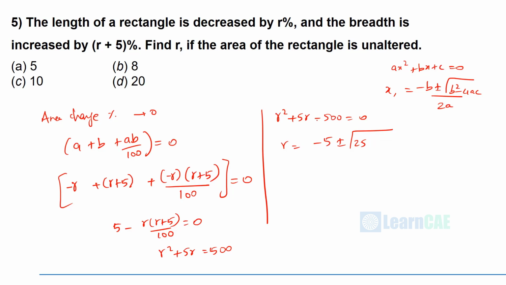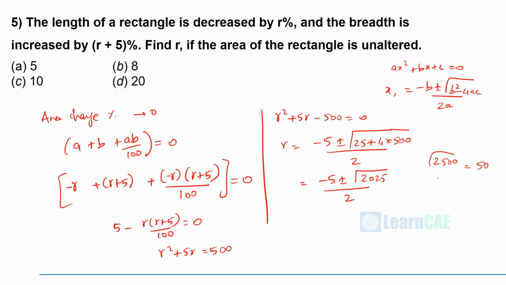Here there is a negative sign, so it will be plus 4 into 500 into 1, divided by 2a. This is nothing but minus 5 plus or minus the square root of 2025 divided by 2. The square root of 2025 we have to find out. The square root of 2500 is nothing but 50.